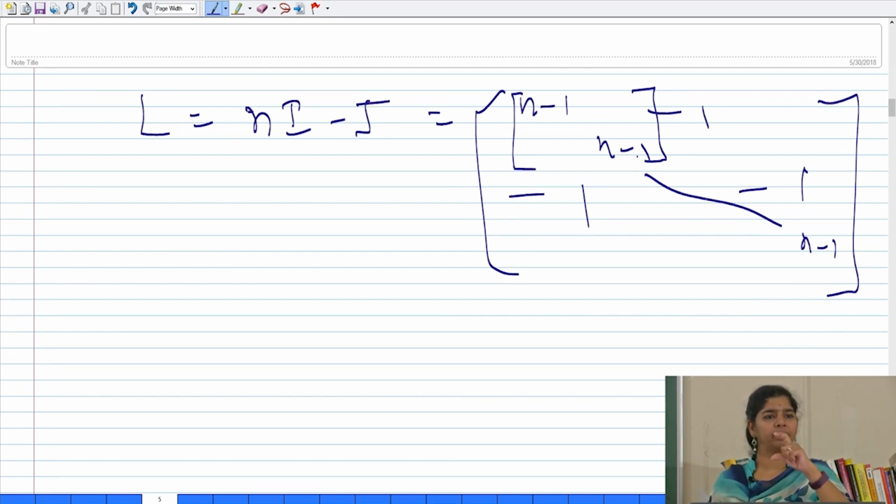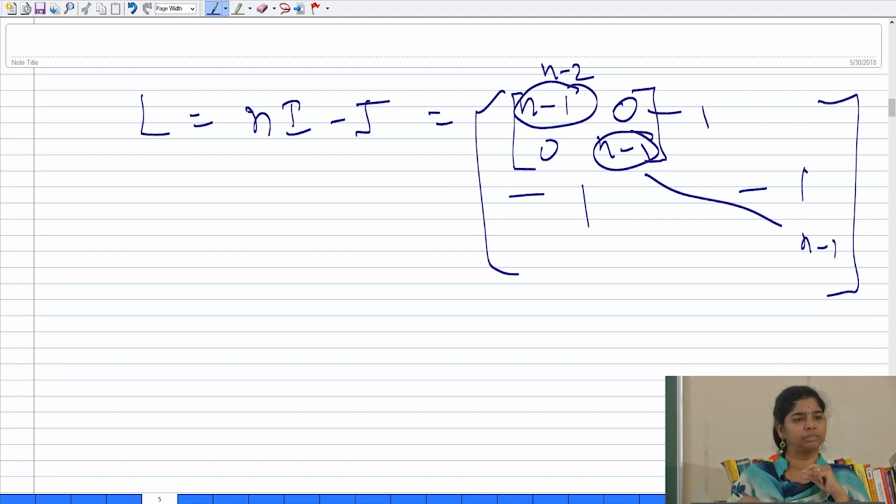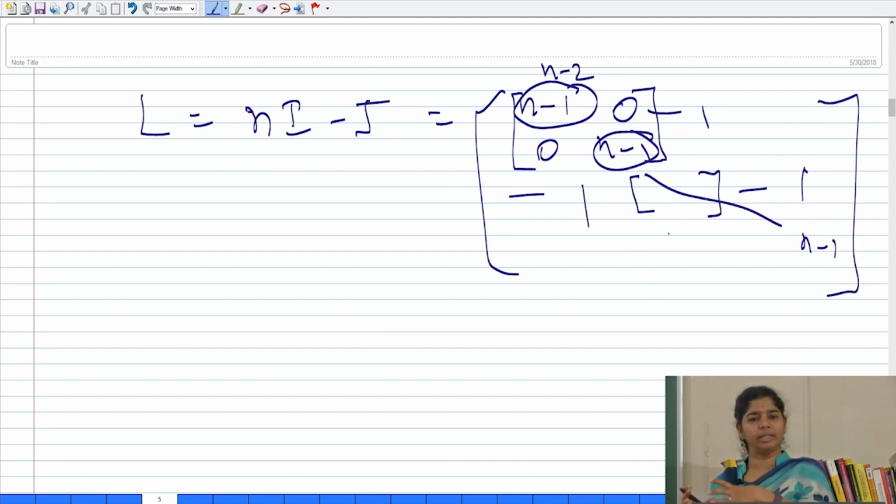What will be the impact? Your degree changes to n minus 2 and here you will have 0, right. Similarly I can see this impact happening in every 2 by 2 block, the first p blocks will have this impact.